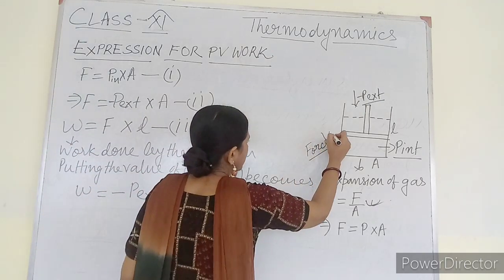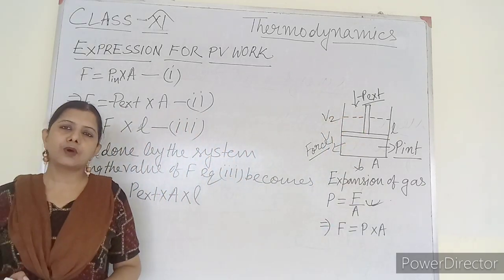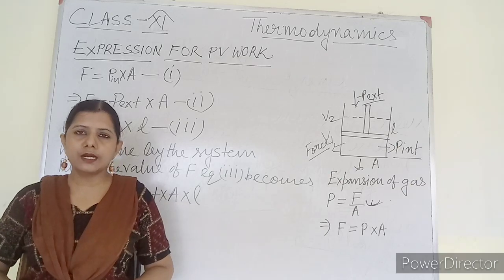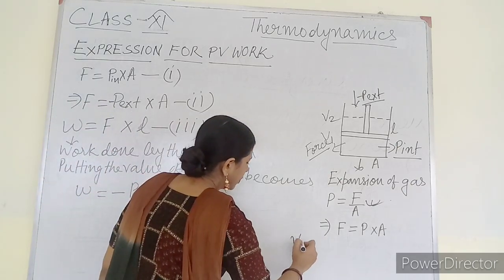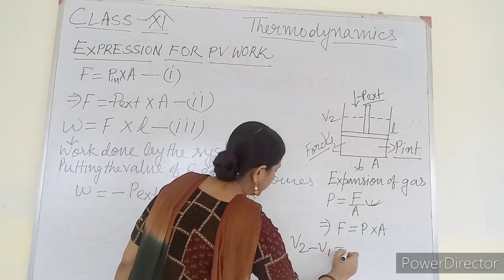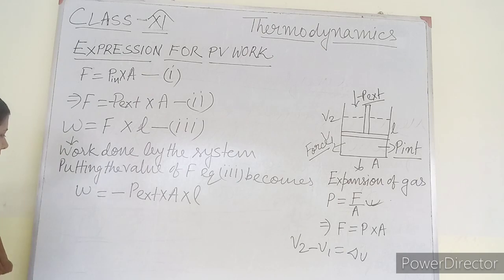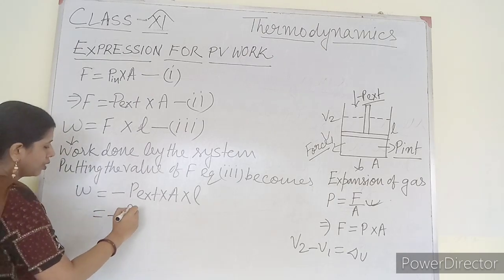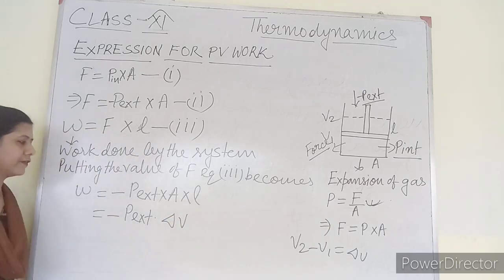Suppose this volume was V1 and this is V2. So change in volume is V2 minus V1, which can be written as delta V. So I can write W equal to minus of P external into delta V.